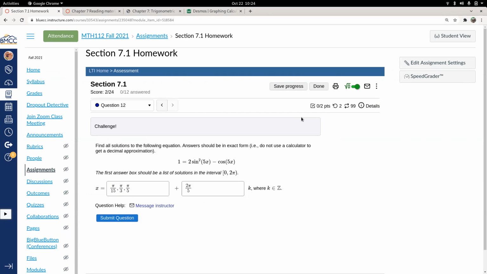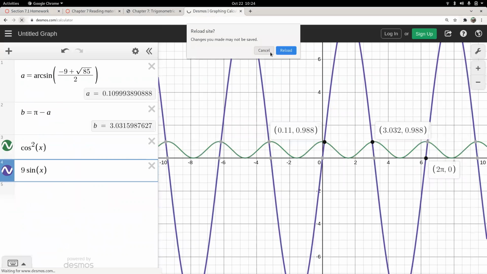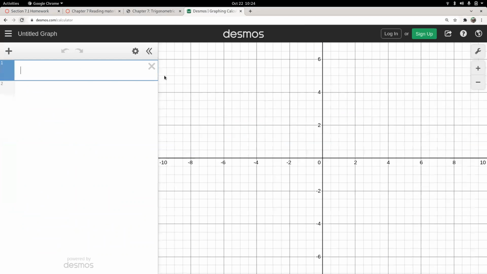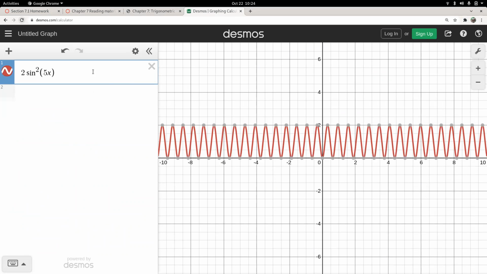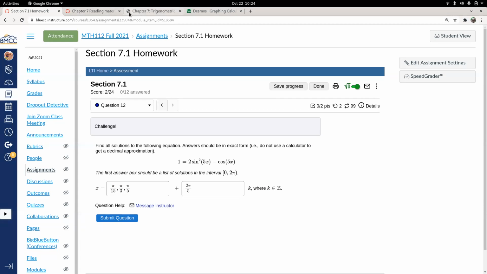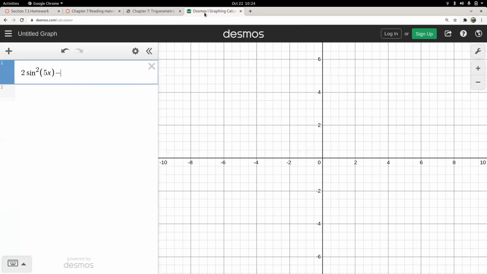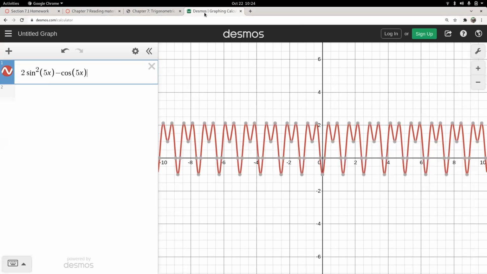All right, so before I hit submit, I want to graph to see if I did okay. So graph the original: 2 sine squared of 5x, minus cosine of 5x.